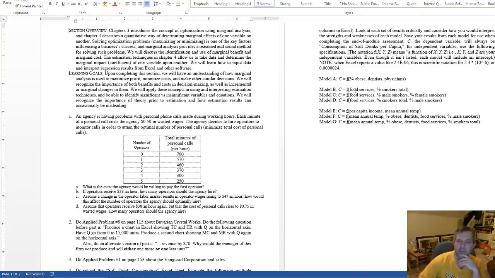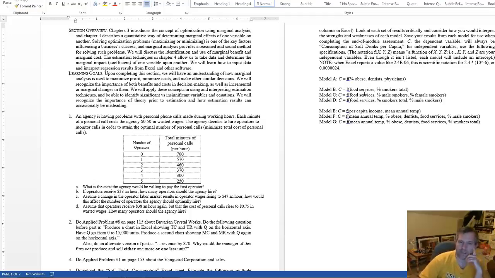So for model B, you've got soft drink consumption again. You'll see that I grouped these together for a somewhat particular reason. A has its own set of variables by itself. For B, I'm always including the number of food service businesses, and I'm trying to figure out what effect smoking has, and not only the total percentage of smokers, but whether there's a difference between male smokers and female smokers.